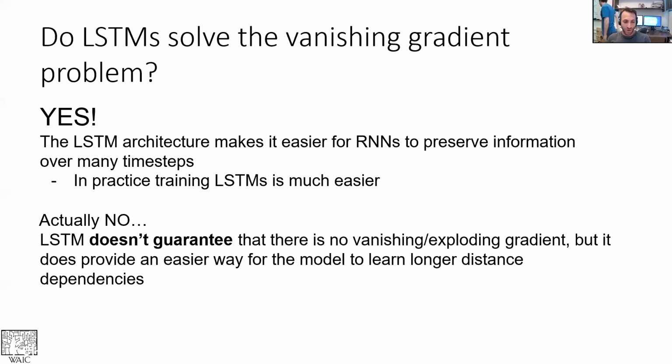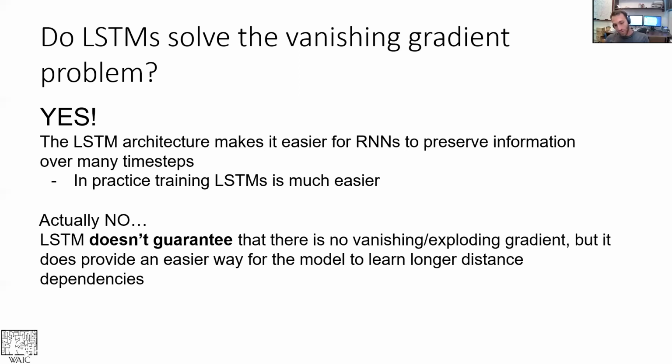Why? If we try to train vanilla RNNs on simple problems, and you will see this in the tutorial number 4 assignment, you get a lot of problems in training, a lot of playing with hyperparameters, and sometimes it still doesn't generalize to large sequences. And LSTMs are surprisingly simple to train, even for long sequences.